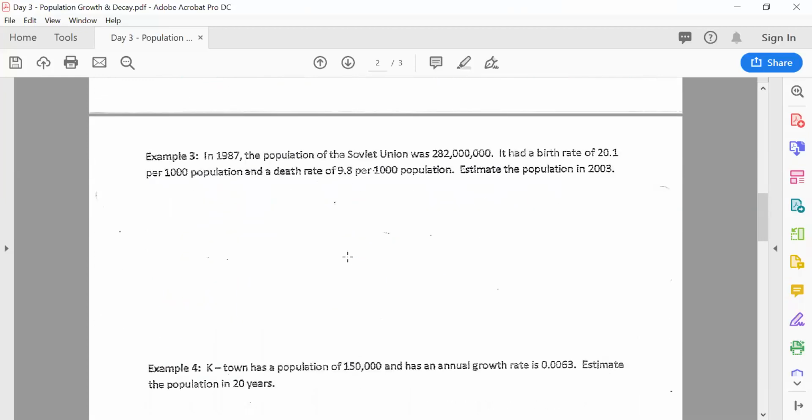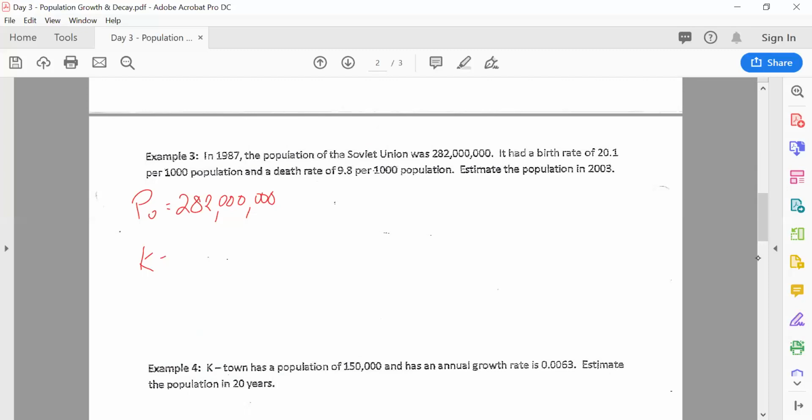Number 3, maybe we'll do 4 examples because it's a little overkill to do all the stuff right here. In 1987, the population of the Soviet Union was 282 million people. All right, so P sub 0 is 282 million people. It had a birth rate of 20.1 per 1,000 and a death rate of 9.8 per 1,000.